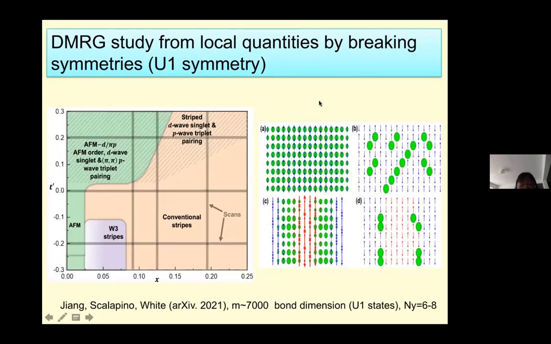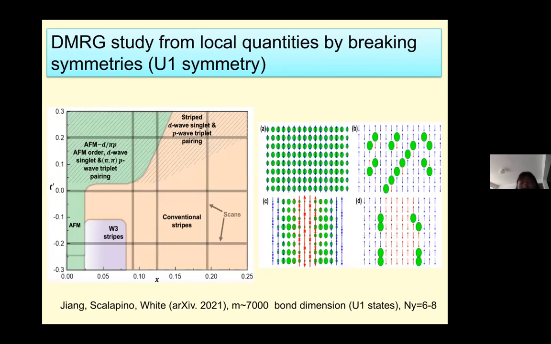Another recent picture is obtained by White, Scalapino, and collaborators based on a local probe from DMRG, focused on local quantities by breaking the symmetry.